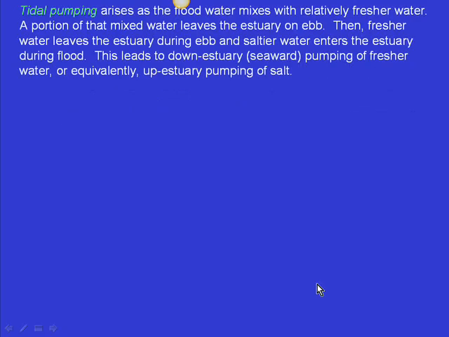Tidal pumping arises from the fact that with every flood you have salinity being advected into the estuary, and it mixes with fresh water that's in the estuary, and then during ebb, lower salinity goes out. So in other words, tidal pumping is the pumping of salt with every flood period, and the export of lower salinity water with every ebb. So in essence, that's what tidal pumping is.